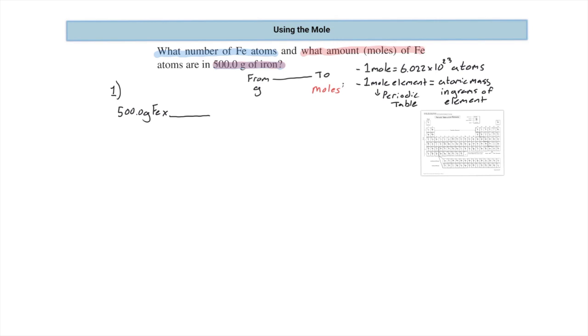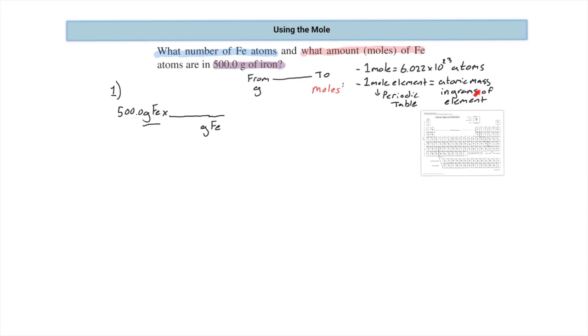We know in dimensional analysis that if we have units here, those same units must go down here. Grams of iron. Now, since I did have both of my units here, grams and iron, it makes this easier to see what conversion factor we're going to use. Where do I find grams of iron? I find it on the periodic table.